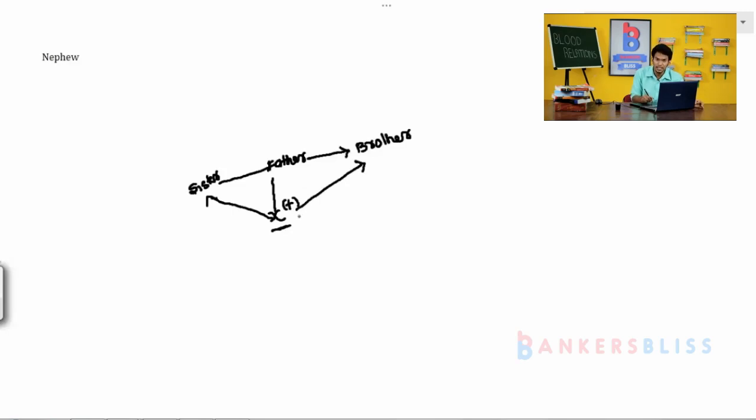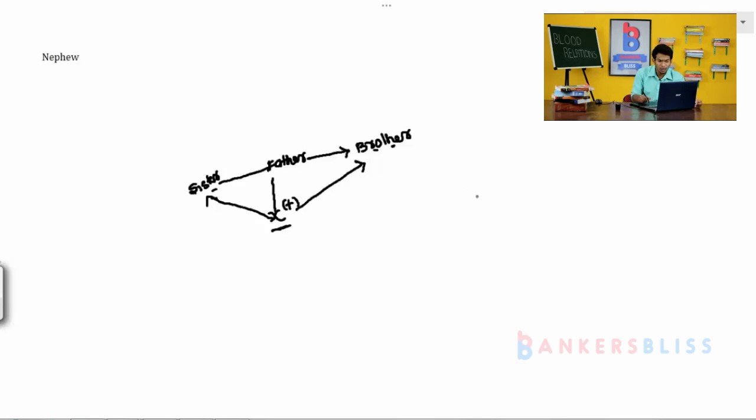When we consider nephew, you have the father, and that father has a brother and a sister. From the father's brother side, you are considered as a nephew. Nephew is considered in this format. Understanding?